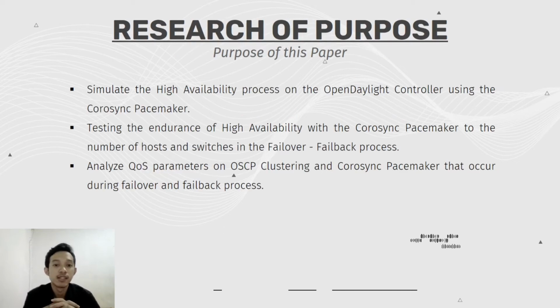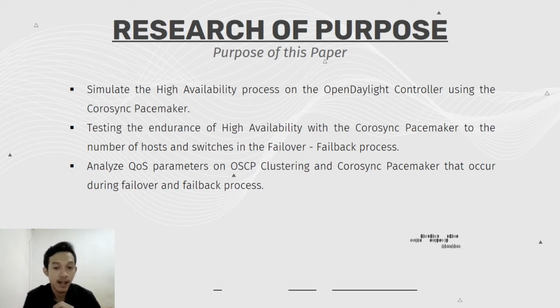Okay, next. The purpose of this research is, first, to simulate the high availability process on the OpenDaylight controller using the Corosync Pacemaker method. Second, testing the endurance of the high availability with Corosync Pacemaker to the number of hosts and switches in the failover and failback process.